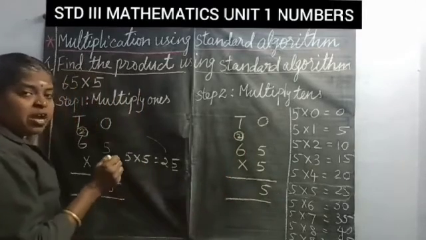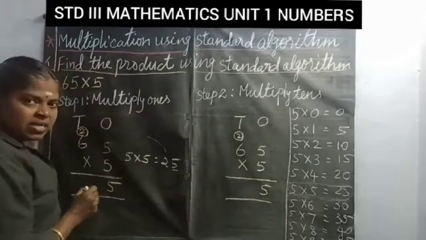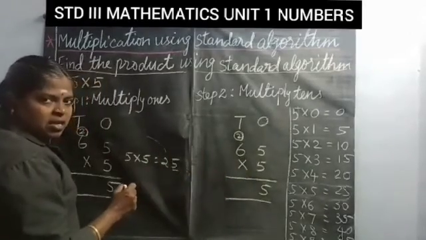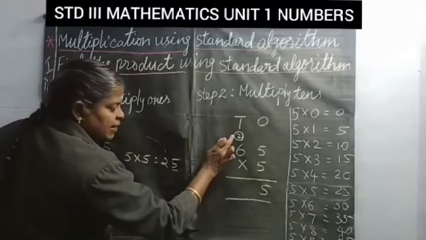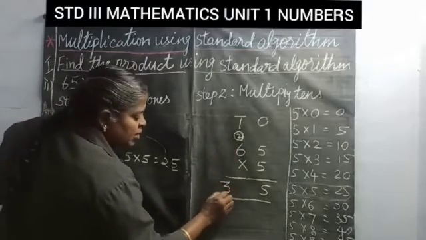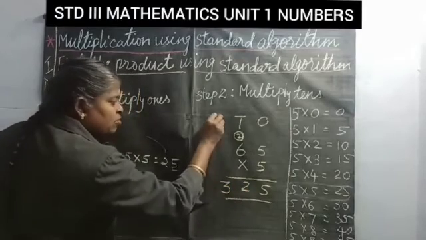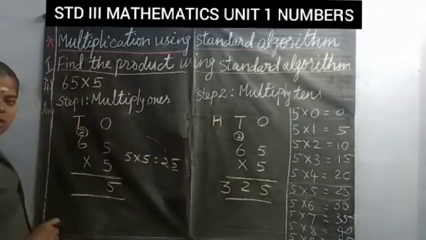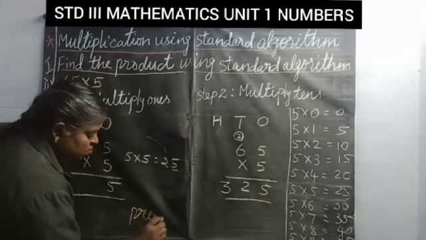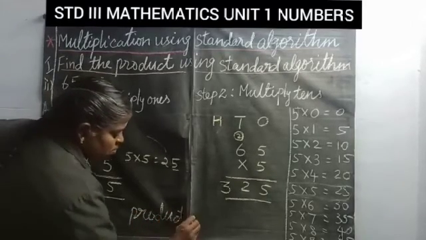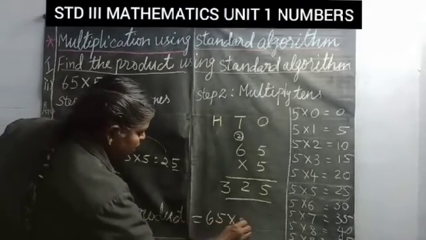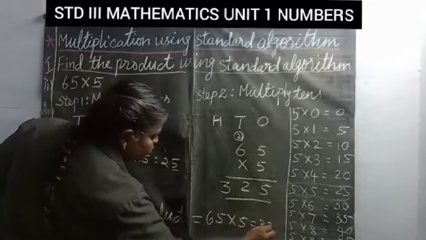So next step we have to multiply the tens. 6 5s are 30. So 30, we have to add the carryover 2 also. 30 plus 2, 32. So 3 we have to write in hundreds place. The product is 65 into 5 equal to 325.